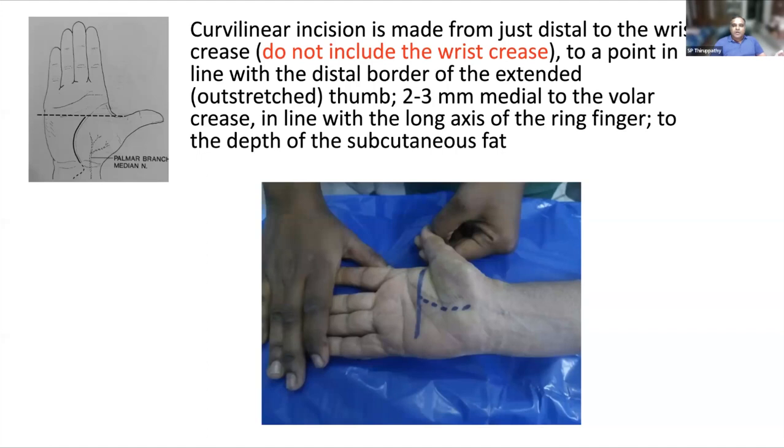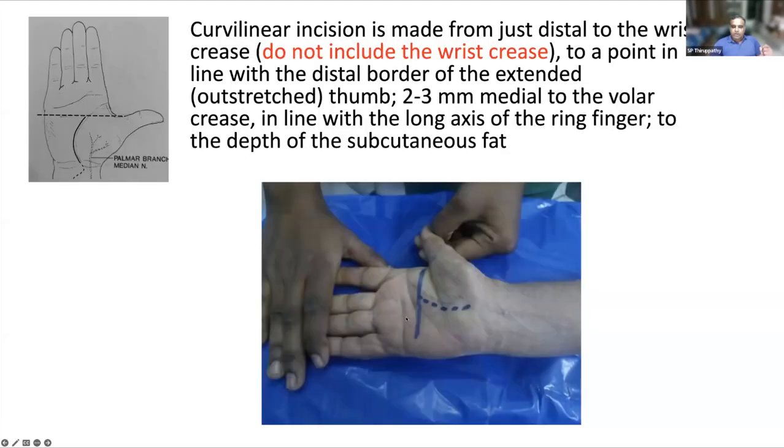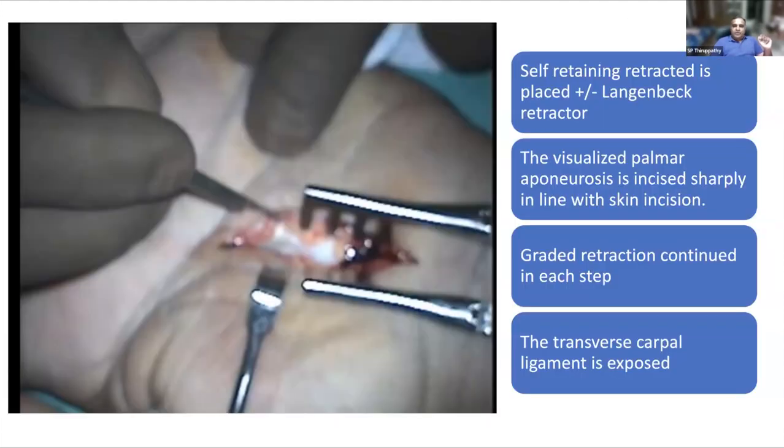It is in line with the long axis of the ring finger, and the incision is to be in the depth of the subcutaneous fat. These are the very important steps in the surgery. Self-retaining retractors are placed, plus or minus a Langenbeck retractor.